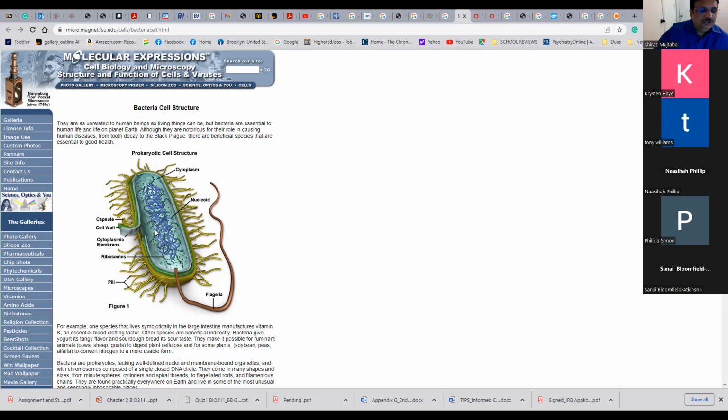Ribosomes, one of the most important organelles. A cell is a factory which is supported by various organelles. Now, the bacterial cell is the simplest cell. They have DNA, cytoplasm, various membranes, cell membrane, cell wall, capsule, and ribosomes.